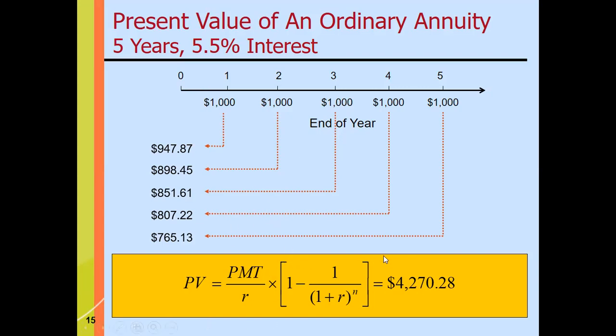So I repeat, the present value factor is normally 1 minus the quantity 1 plus i to the power of negative n all over i. So how do we get that? Or we can replace i with r.